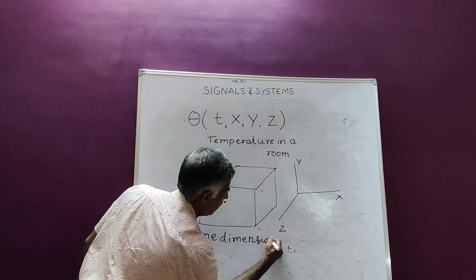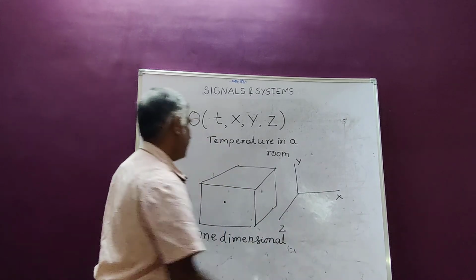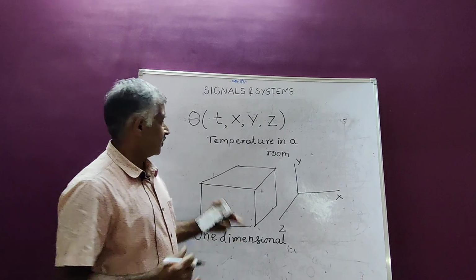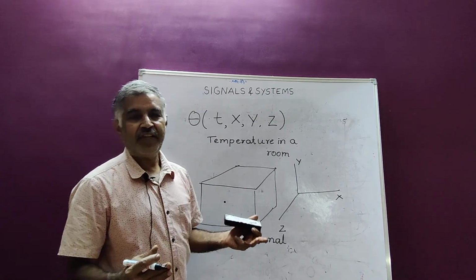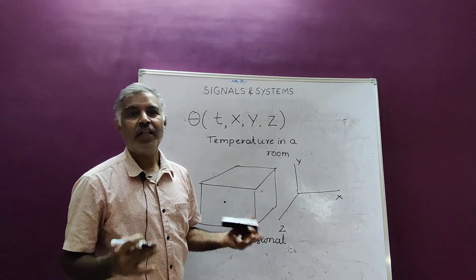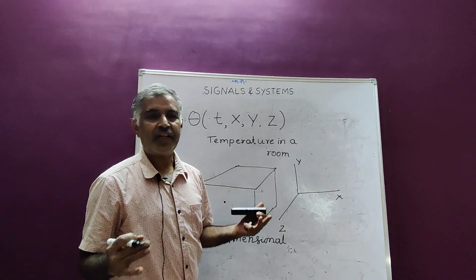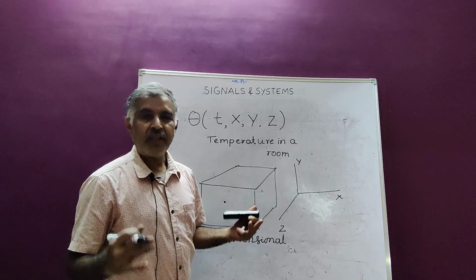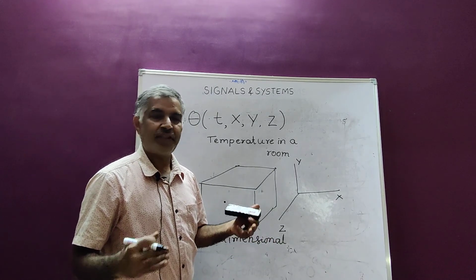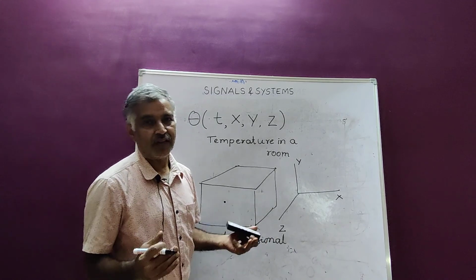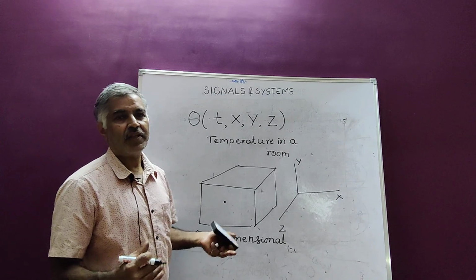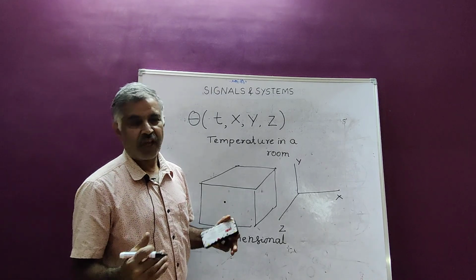And in the next class, I will explain what exactly the technical definition for a signal is, and how signals are classified. It is very interesting to know that signals can be classified as continuous signals or analog signals, and discrete signals. I will come to the definition of continuous-time signals and discrete signals in the next class. Thank you.